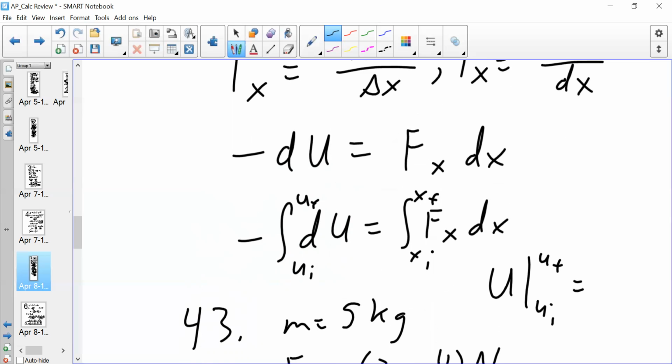we can say just F delta x, or just Fx, xi to x final, because dx integrates out to x. And we understand that delta x is going to be final minus initial.